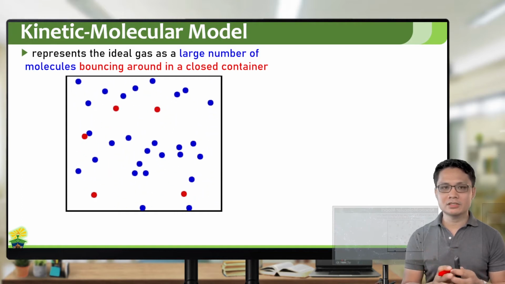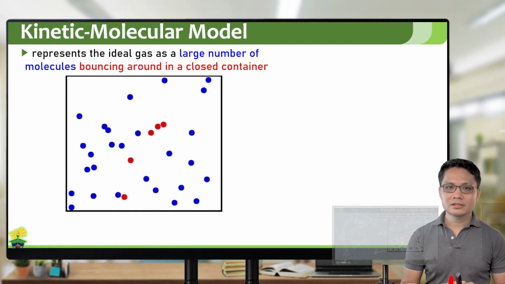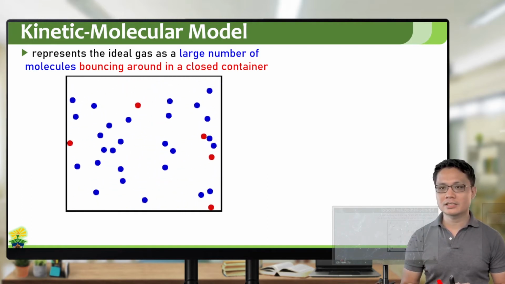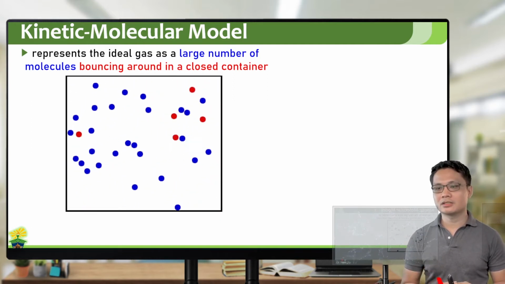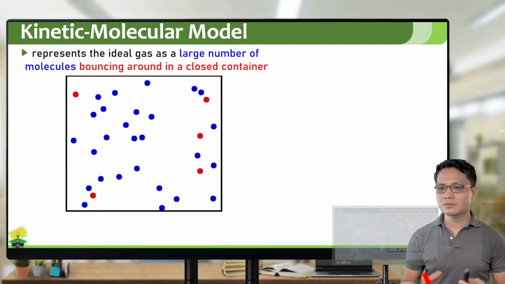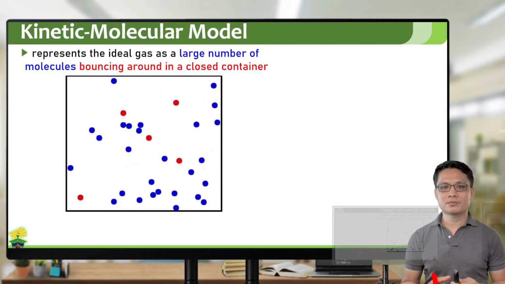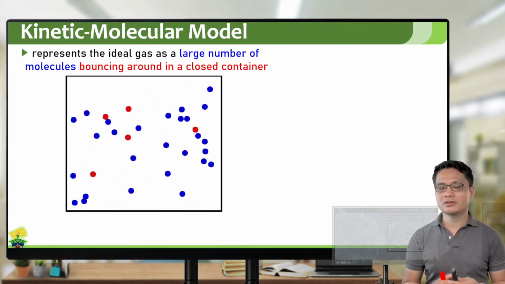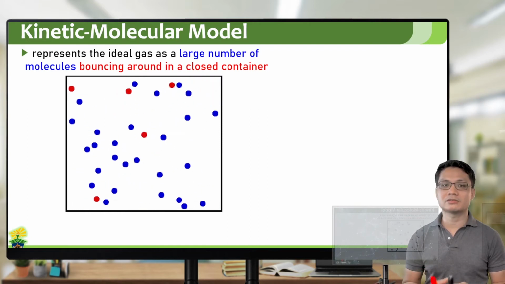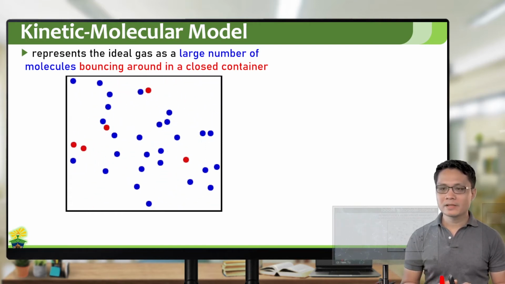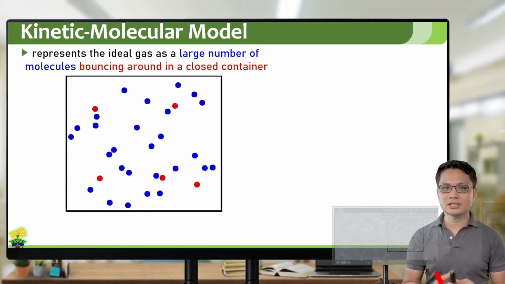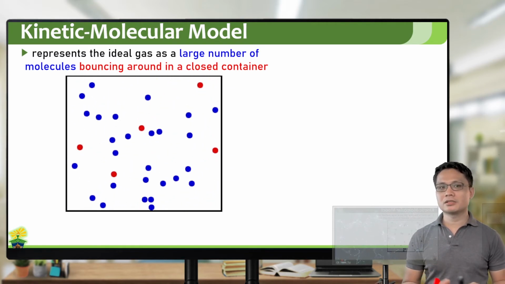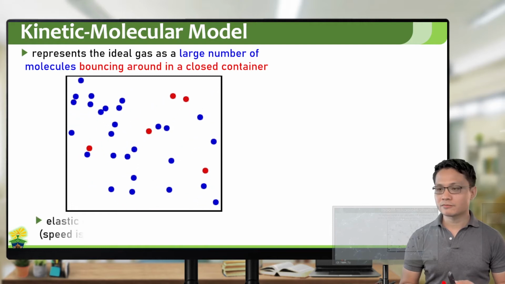Assuming we have this two-dimensional container of gas particles, and this is an idealized container. Based on those assumptions, these particles are moving randomly in all possible directions inside the container, and as they move, when they hit or bounce off the wall or hit another particle, the kinetic energy is conserved.